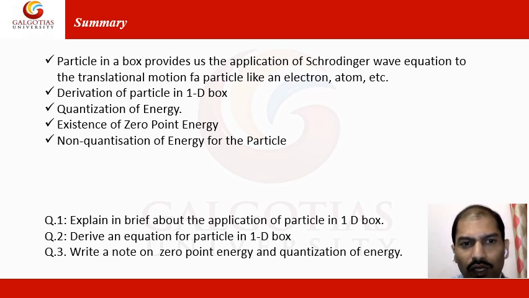We discussed in today's lecture the particle in a one dimensional box, which is basically an application of the Schrodinger wave equation. In the case of small particles or microscopic species, like electrons and atoms, that can be explained with the help of the Schrodinger wave equation.